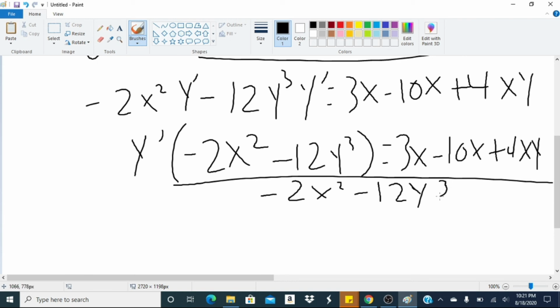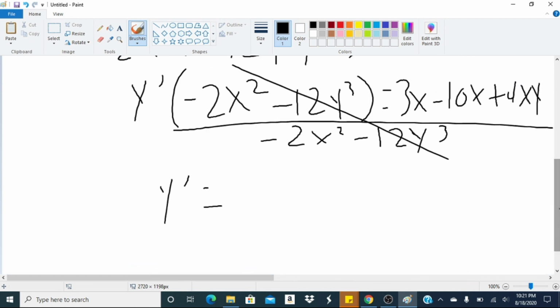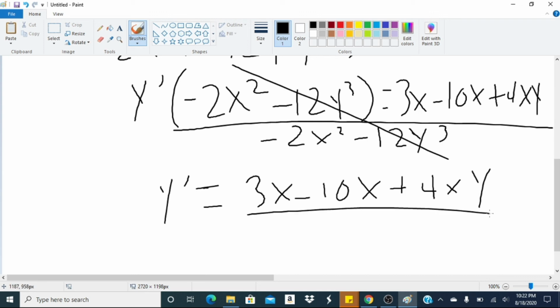So this cancels out, and then we get y prime equals 3x squared minus 10x plus 4xy over negative 2x squared minus 12y cubed.